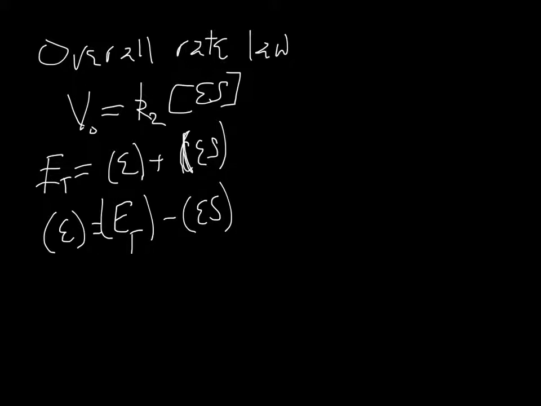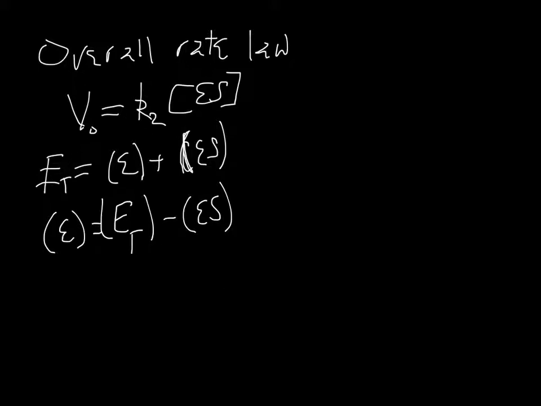Okay, so now we go back to that steady state. I'm going to change colors so it'll be easier to see. The steady state assumption, which was the formation, the ways to make ES, has to equal the ways to break it down. Okay?